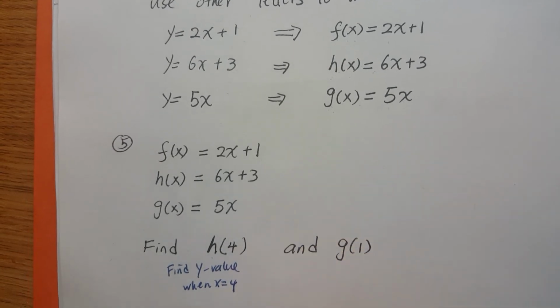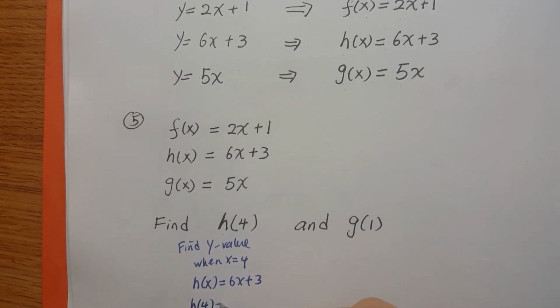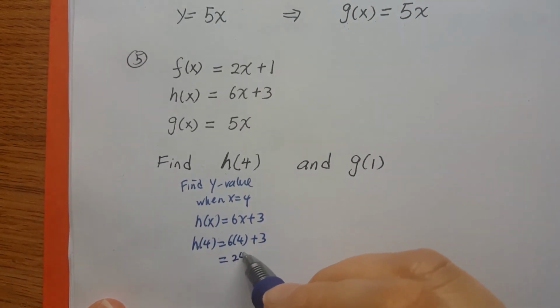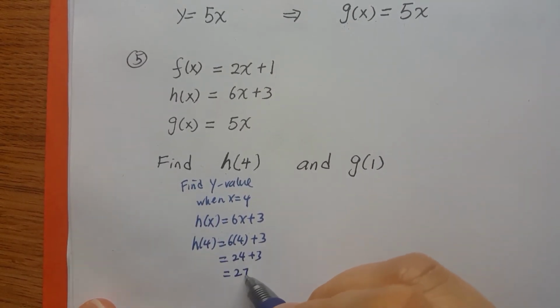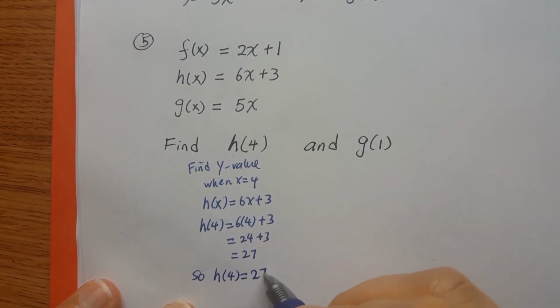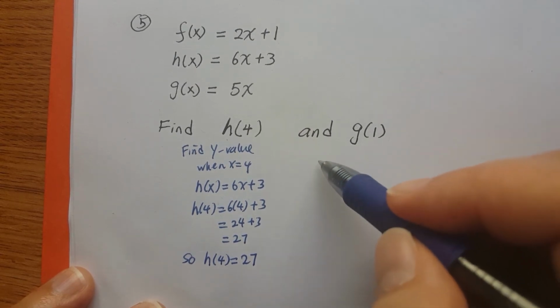Now we have to use this equation, h(x) = 6x + 3. You replace the x by 4: 6 times 4 plus 3. You get 24 plus 3 equals 27. So h(4) = 27. It means when x = 4, y = 27.